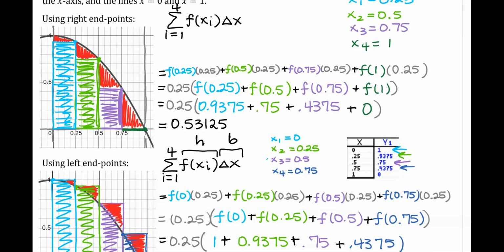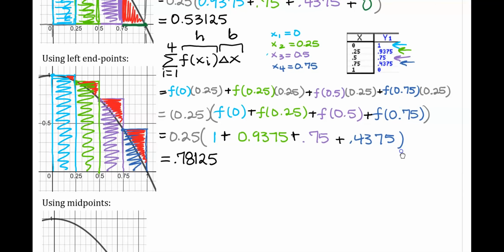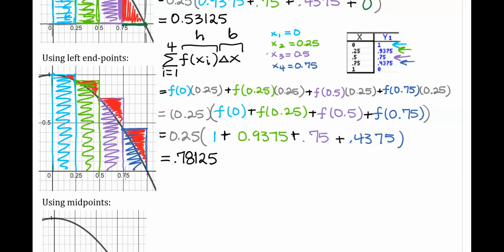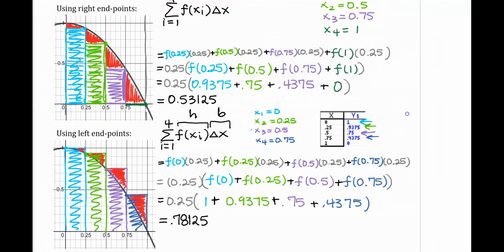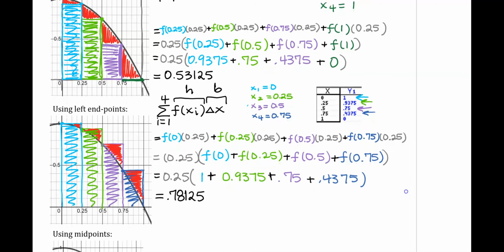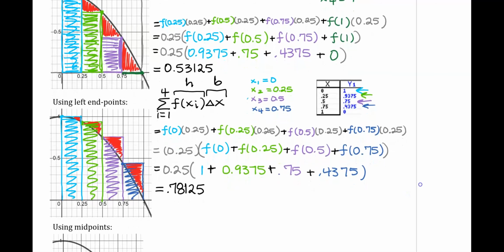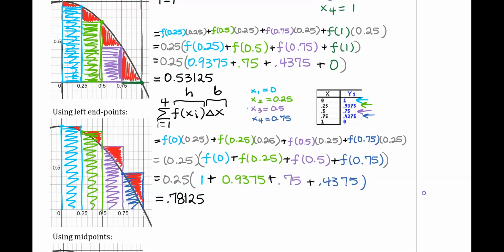It didn't grab enough area. And now the left endpoints are giving us an overestimation. I can't say that that's always the case. I could come up with a function where the right endpoints would be the overestimation and the left endpoints would be the underestimation. It just depends on what that function looks like, particularly whether it's increasing or decreasing on the interval that you're looking at.